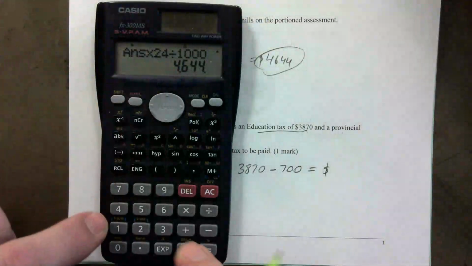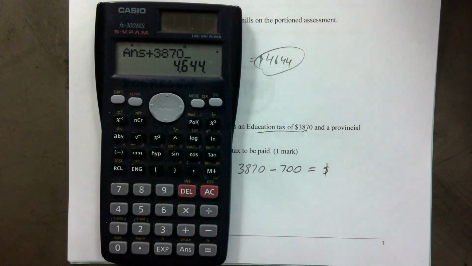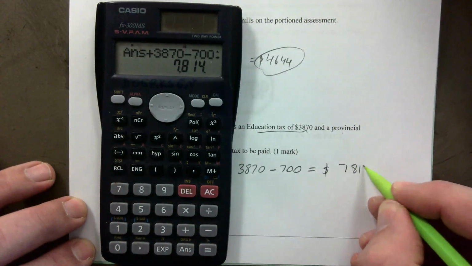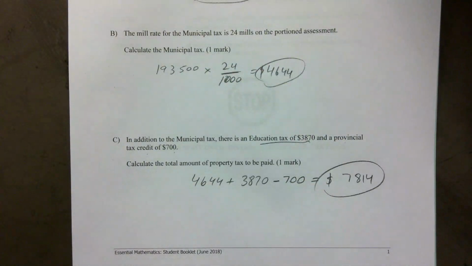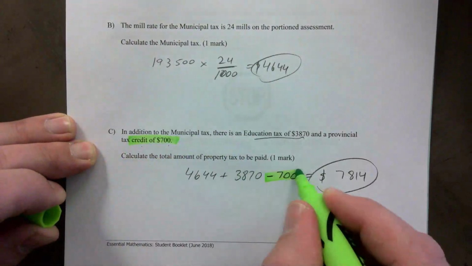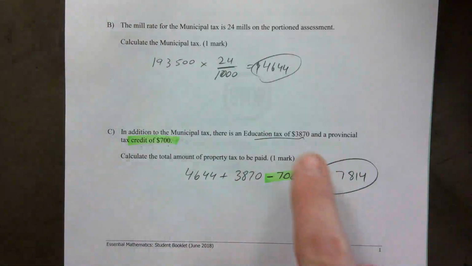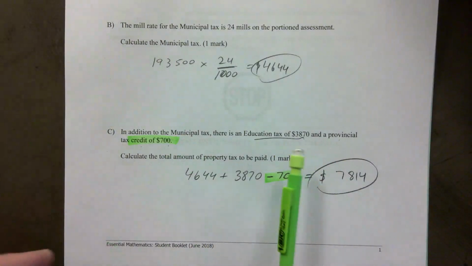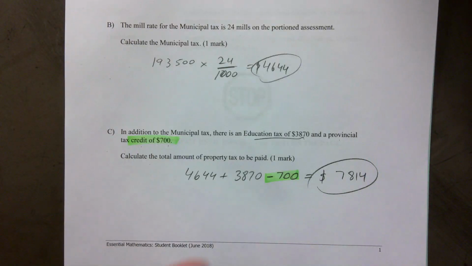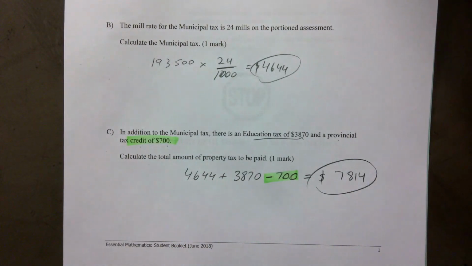I'm just going to add 3,870 minus 700, so 7,814 per year. Okay, per year. So the credit is 700. I need to subtract that, right? And yeah, if they had said education tax, improvements, all of that, right? You would add all of those things, but never forget to subtract the credit at the end. Got it?